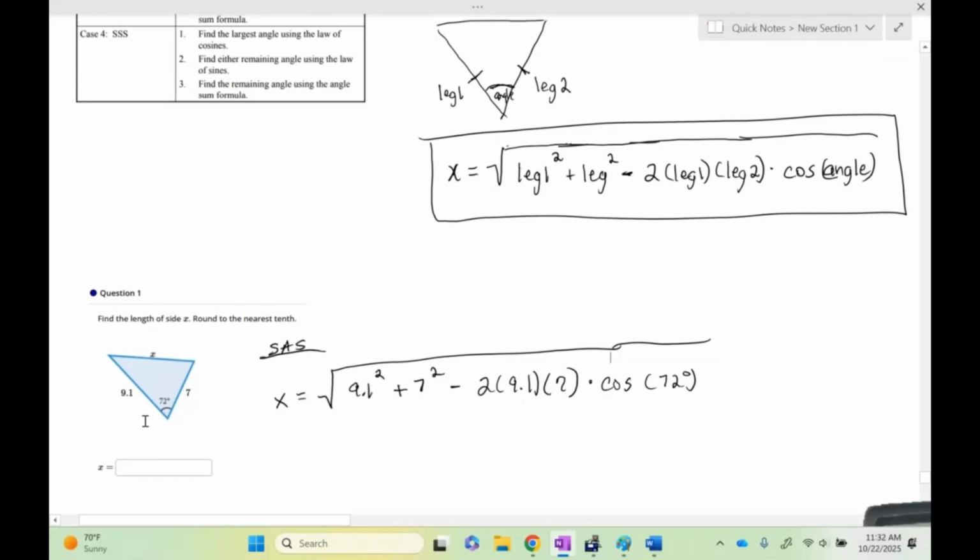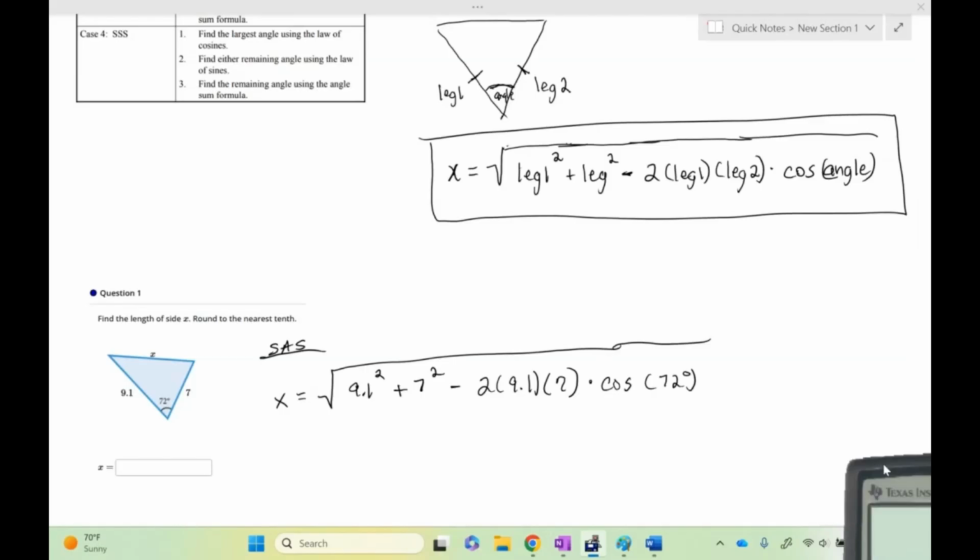So instead of using a formula, you could label this as A, B, and C. I just used the simple fact that it was two legs and the given angle included, and I just used this pattern. Now we've got to put this in the calculator.